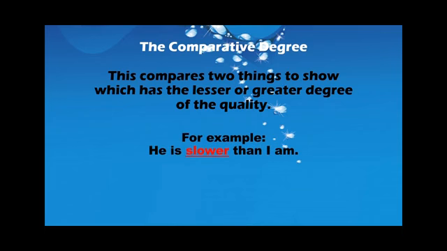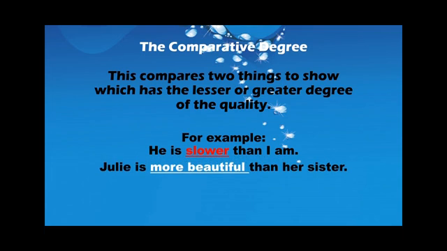The comparison is between he and me. Julie is more beautiful than her sister. Okay, the comparison is between Julie and the sister. Here, more has been used to give a second degree of comparison. So Julie is more beautiful than the sister.